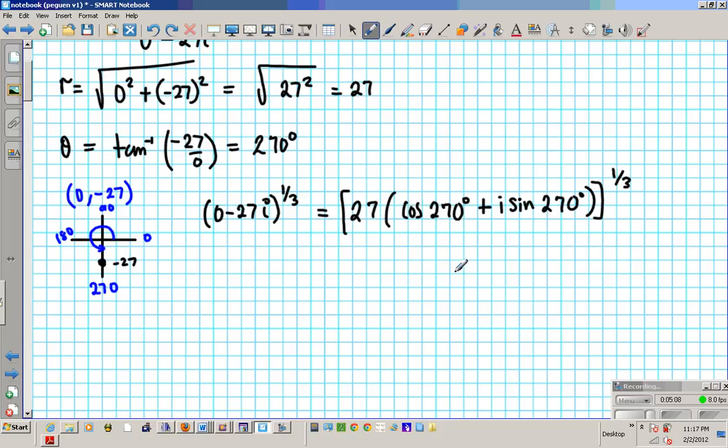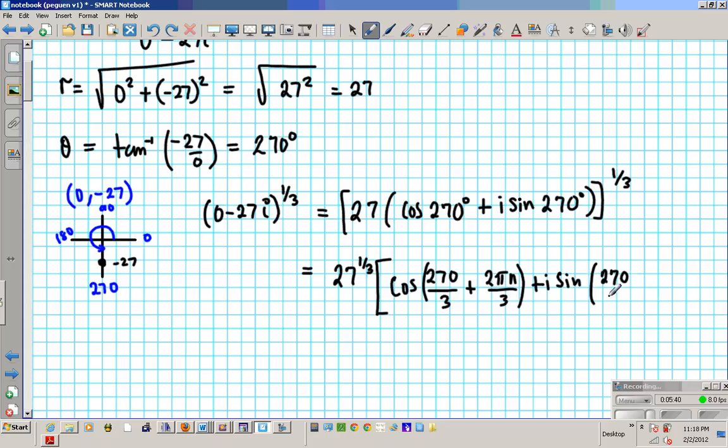Now we're going to apply the formula, okay? So when we apply the formula, it's going to be 27 to the 1/3 times cosine of 270 over 3, that's p, plus 2 pi n over p, which is also 3, okay? And plus i sine, the same story, 270 over p, which is 3, plus 2 pi n over 3.